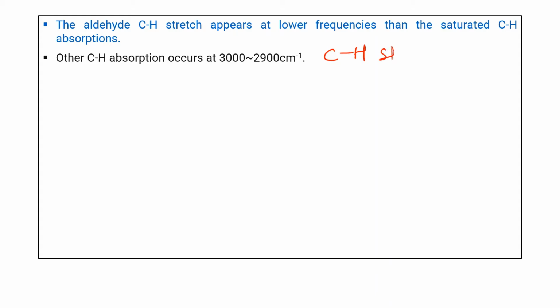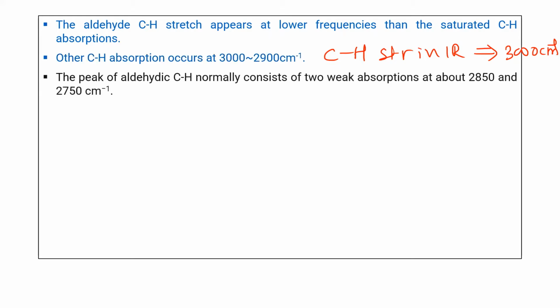So CH stretching in IR is observed around 3000 centimeter inverse. The peak of aldehydic CH normally consists of two weak absorptions at about 2850 and 2750 centimeter inverse.